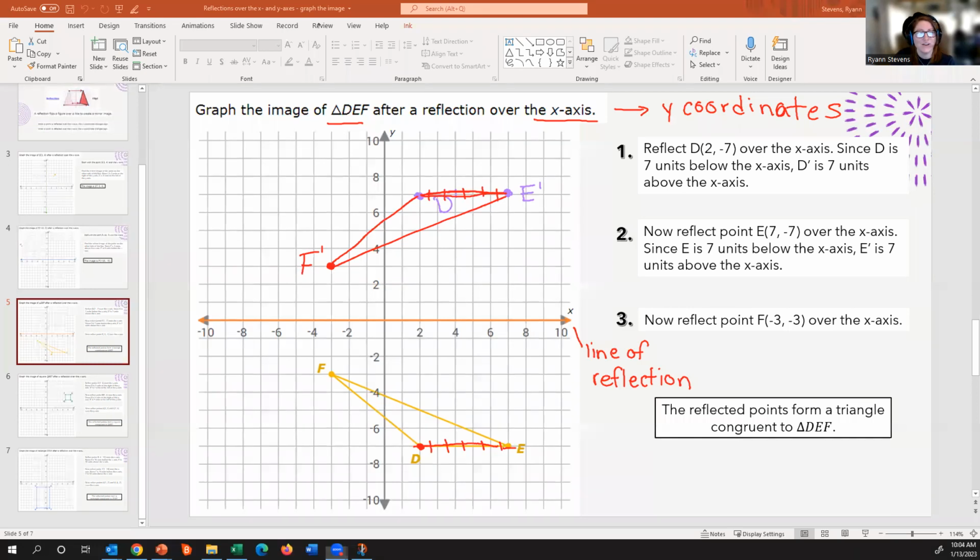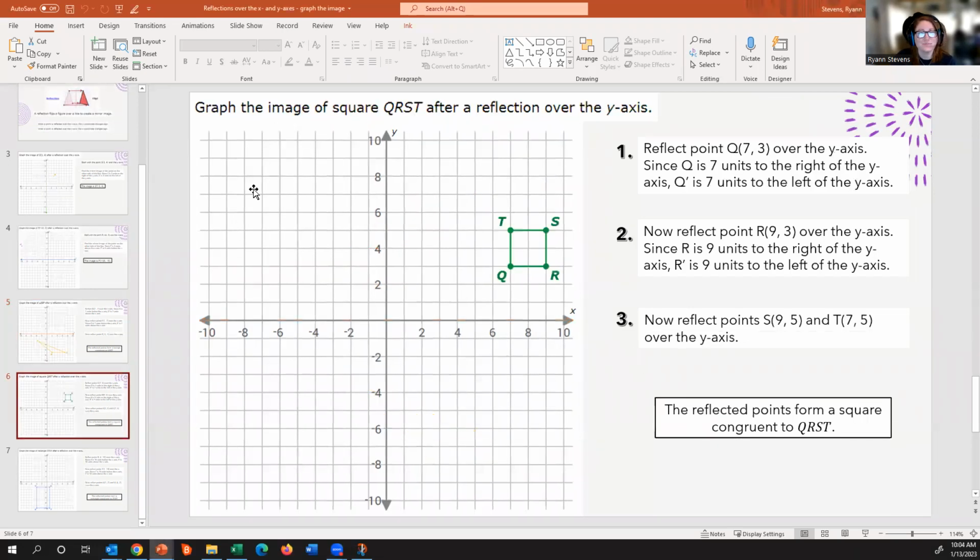All right, let's take a look at another one. Again, we have a shape. Now we're looking at this square QRST after reflection over the y-axis. In this case, our line of reflection is our y-axis. We want to take each one of these points of QRST and reflect them over this y-axis.